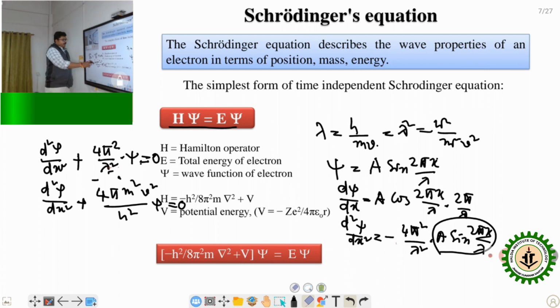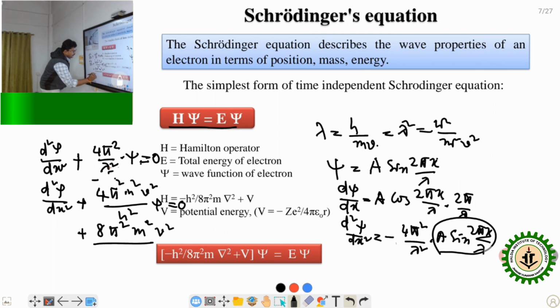This 4π²m²v², I just multiply the numerator and denominator by 2 and I can have plus 8π²m²v² divided by 2h².